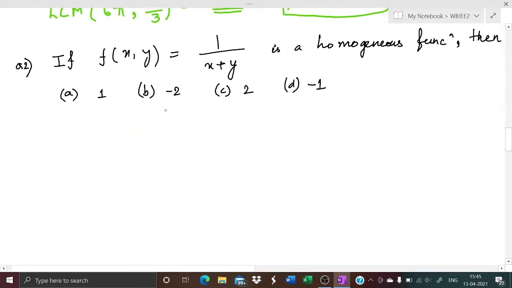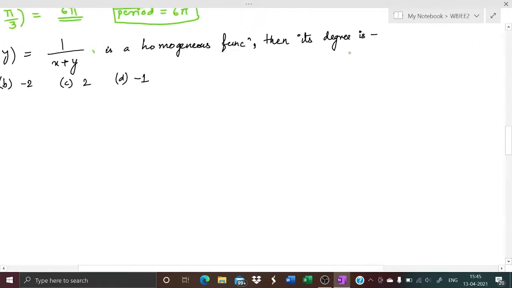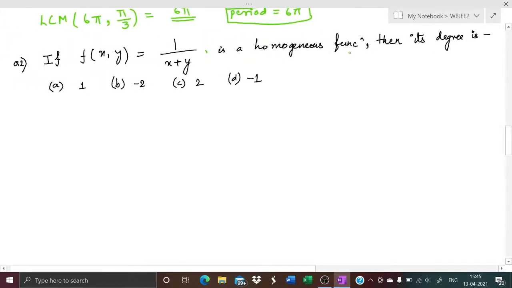If f of x comma y equals 1 by x plus y, and suppose this is a homogeneous function, it has been said this is homogeneous, so we have to find the degree of the function. So how we will do this? So we will follow the technique that we have learned. So I will put x equals ut and y equals vt in this equation.